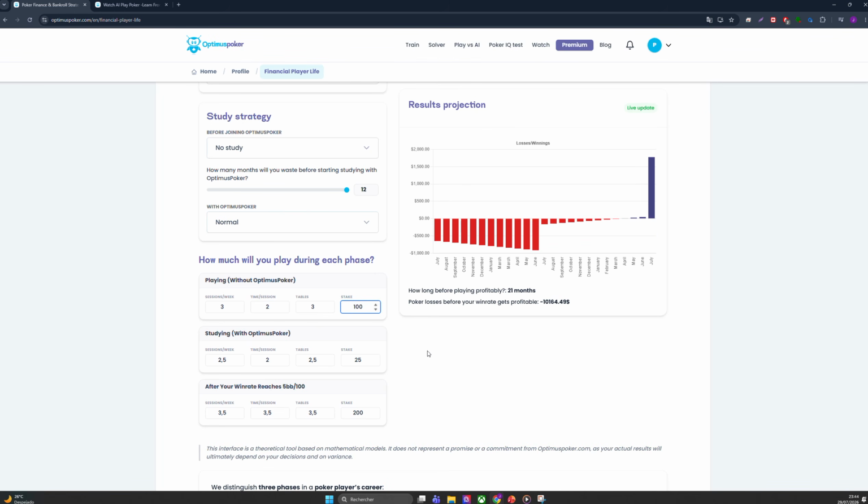Now, just before going to the other example, the example of a player who starts studying the game, have a look at what this kind of profile implies in terms of money.